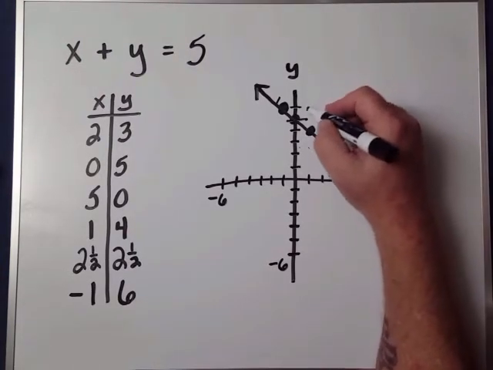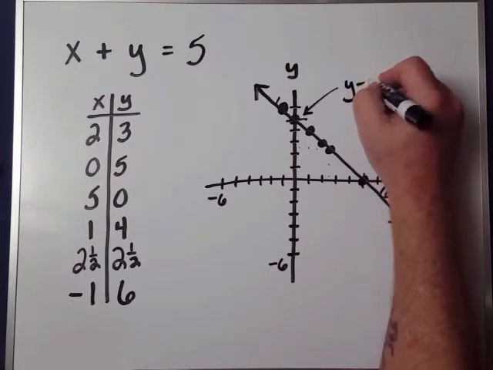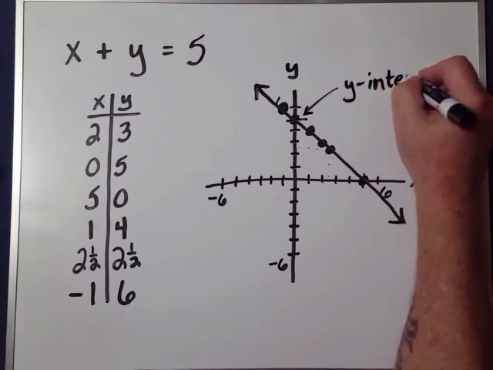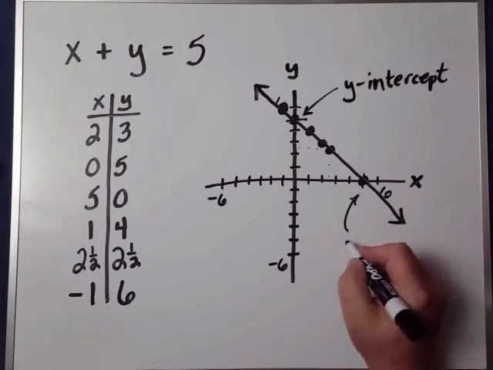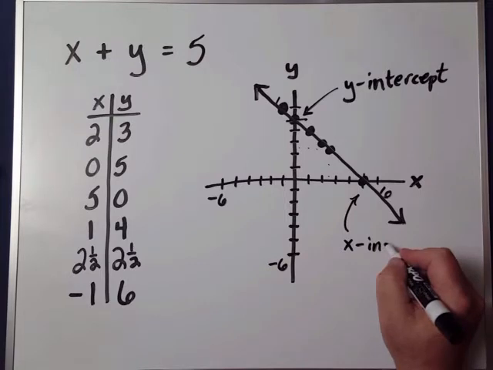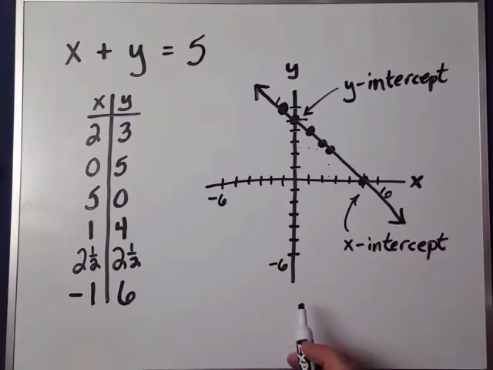A couple points of interest. Where this line crosses the y-axis is called the y-intercept. Where the line crosses the x-axis is the x-intercept. Those are handy points when I go to graph a line.